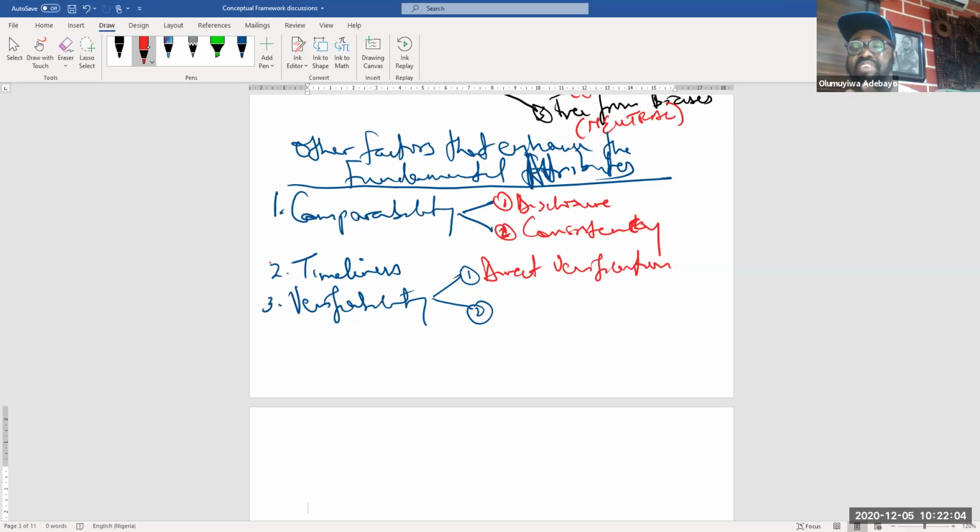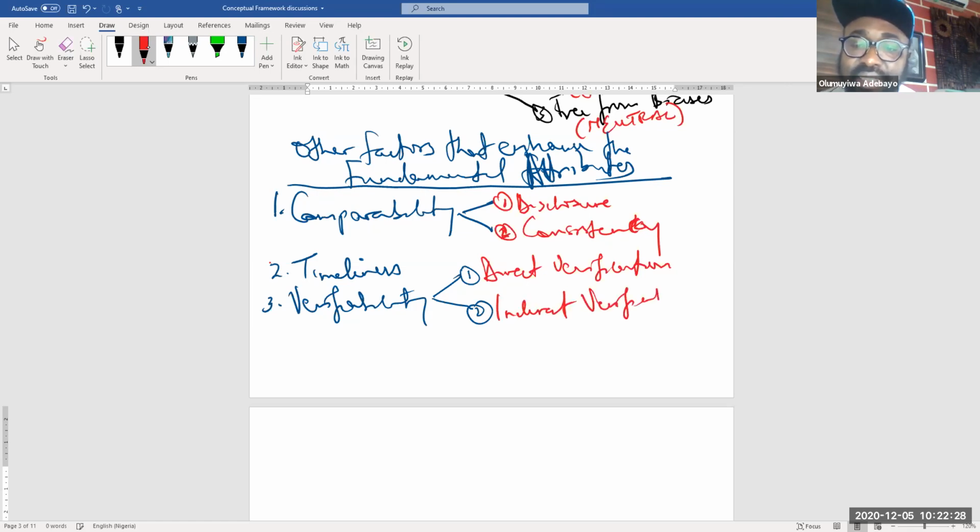You can do direct verification by way of citing documents to establish the genuineness of the transactions and information. It could also entail physical inspections and some other things, which means this is evidential. And that's what we call direct verification. The other verification that could take place is indirect verification.